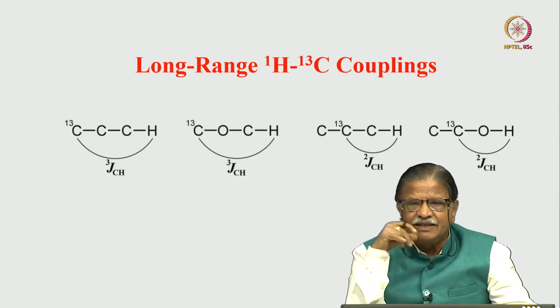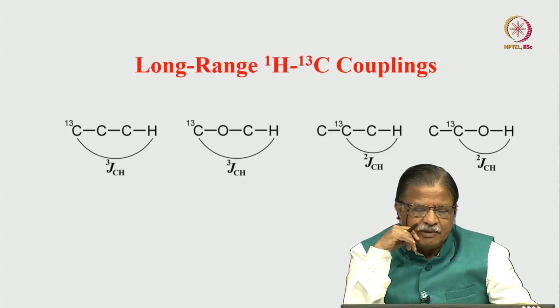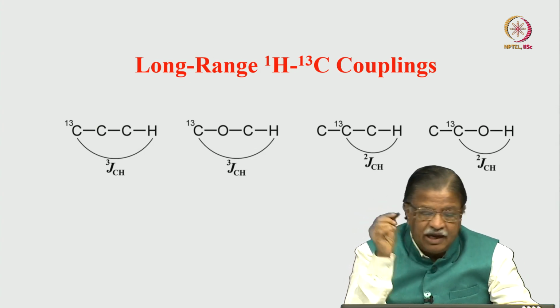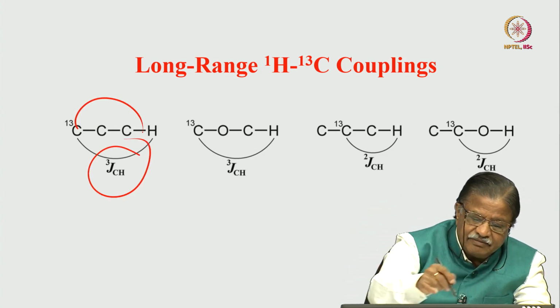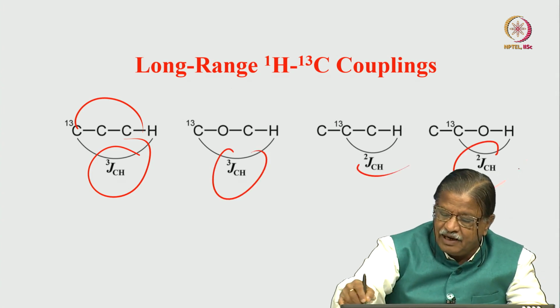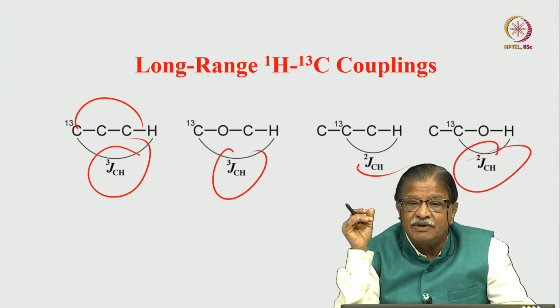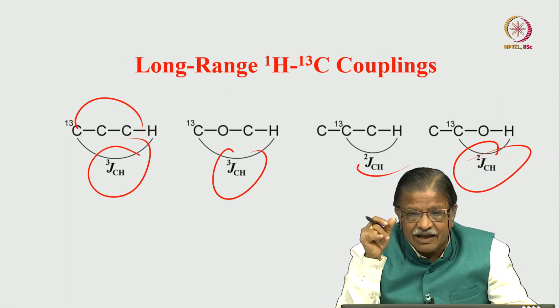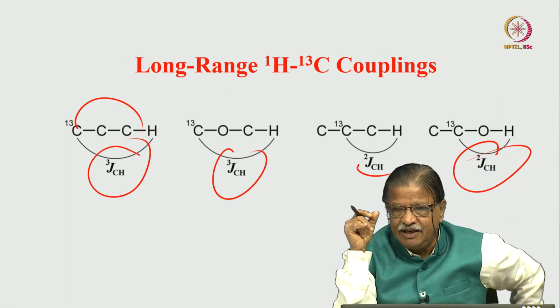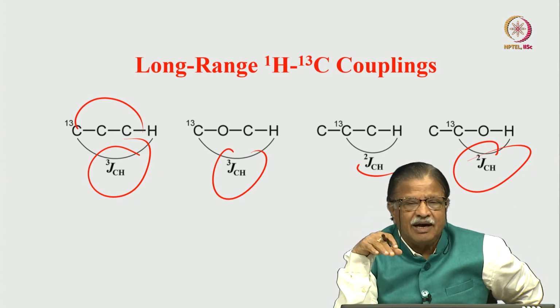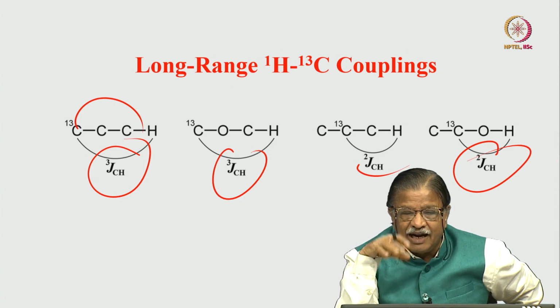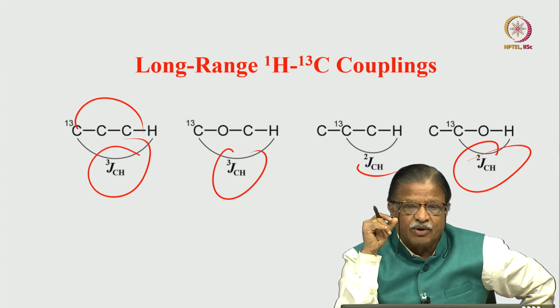Okay. Let us see what about the long range couplings in carbon-13. You can also take the carbon-13 NMR spectrum. I can get 3 bond coupling like this. I can get 3 bond, 2 bond, 2 bond like this. Varieties of long range couplings are possible. How do you correlate them? Is there any way I can correlate? In the HSQC I said, if there is a directly one bond coupling between carbon and proton, I will correlate only directly connected heteronuclei.